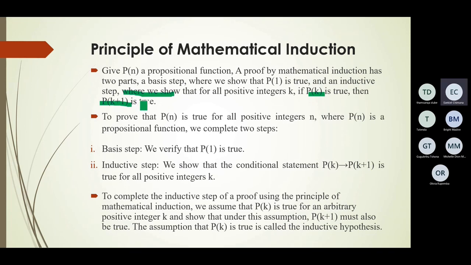So in the principle of mathematical induction, we have the basis step, and then you have to give a hypothesis or assumption, and then later you do the inductive step where you have to prove using the assumption.